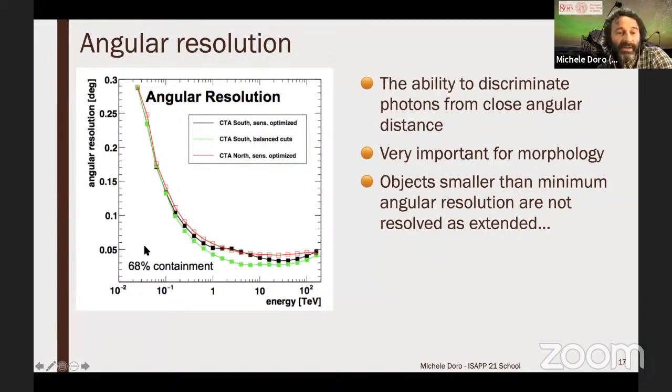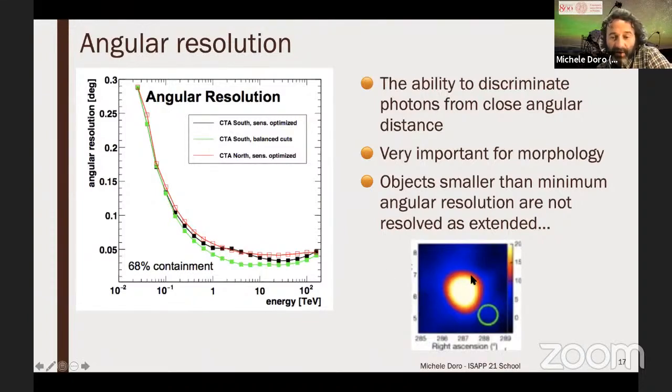So if you want to detect something at low energies, you cannot do the morphology very well, okay? Something that is smaller than your angular resolution is called point-like. But it's not really point-like, it's point-like for your instrument, because you cannot detect its extension.